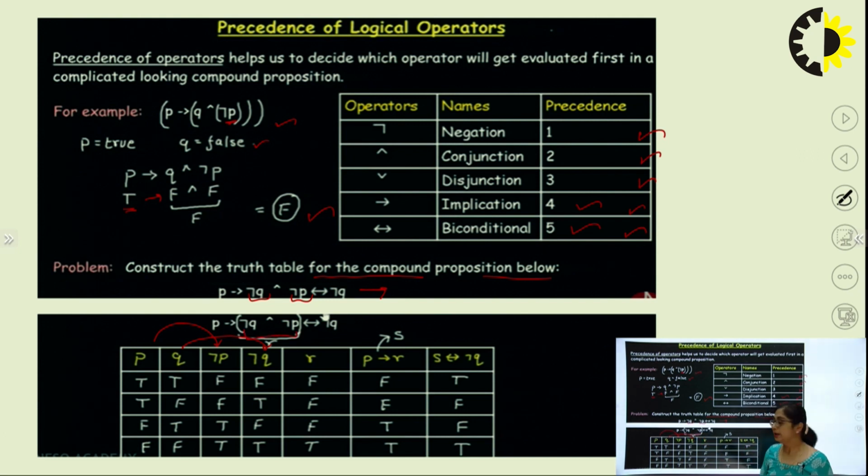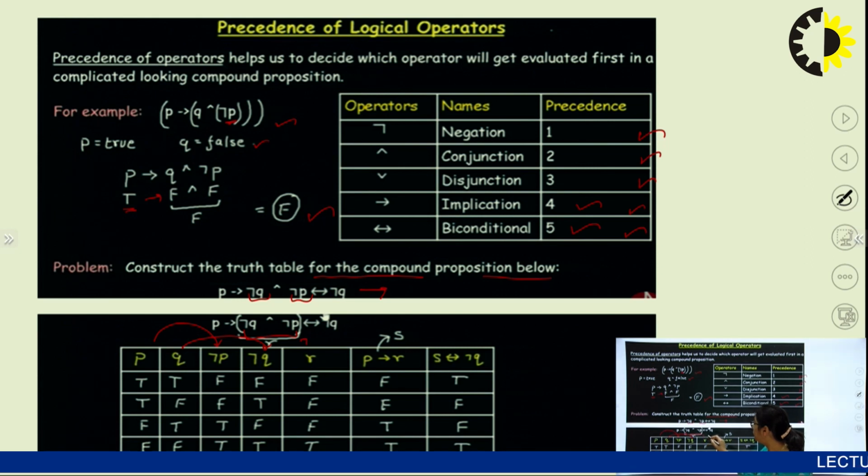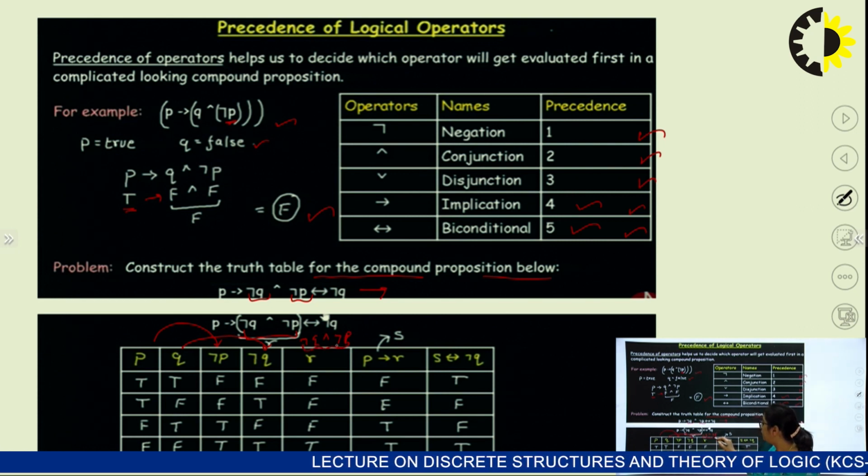R is not a third variable; the combined statement we write is the R. So you can write here negation of Q, disjunction, conjunction, negation of P. So when you solve the whole statement, we get this.